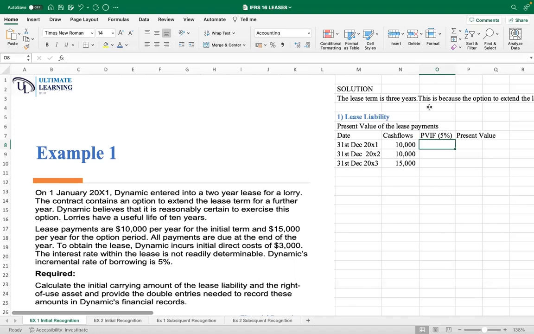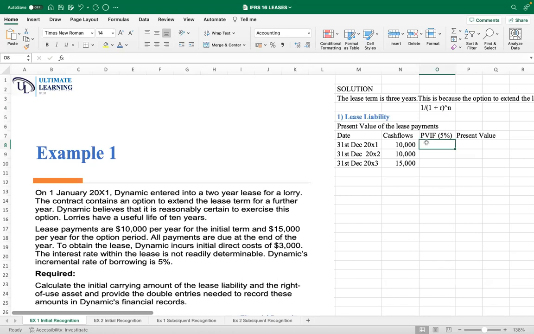It is normally 1 divided by, into bracket, 1 plus R, raised to power N. So that is what I want to apply here.